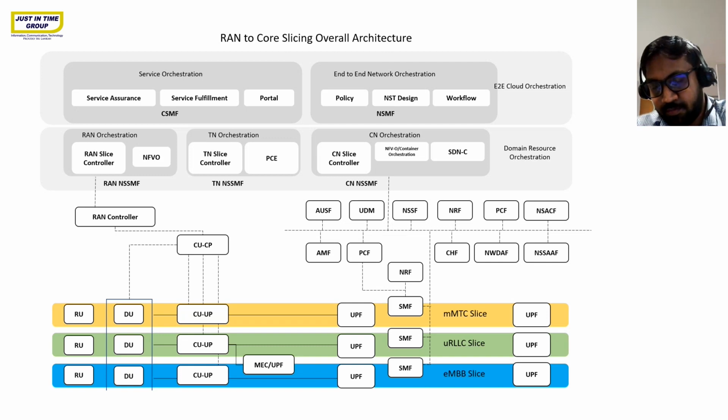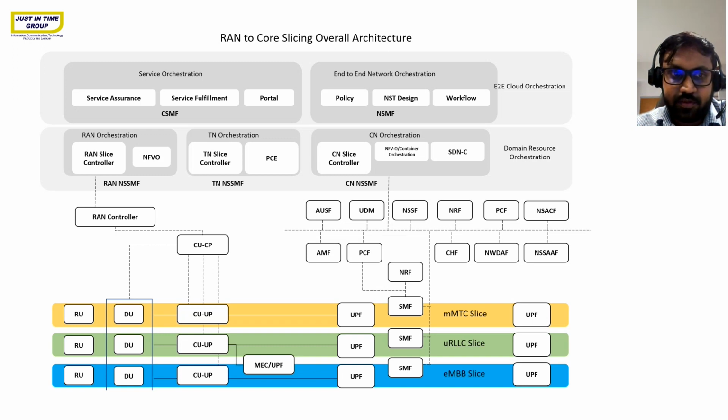Most of the time, we deploy core networks as cloud native network functions. Because of that, we should be able to spin up those network functions according to the load requirements. And over here, you can notice that we can share a common DU pool.